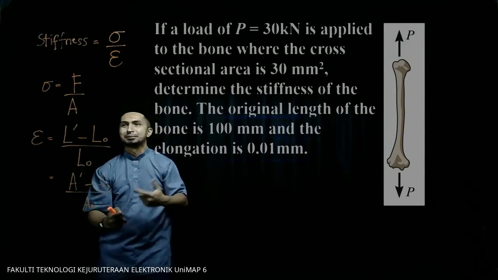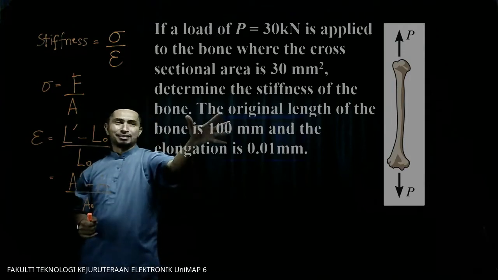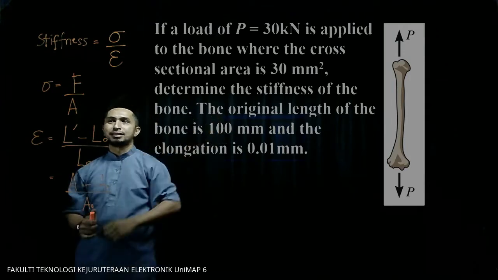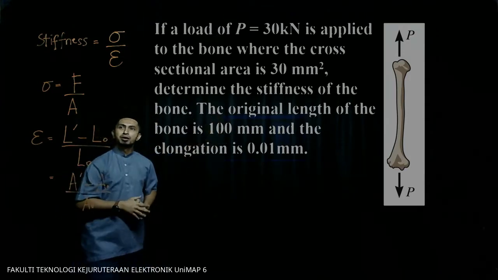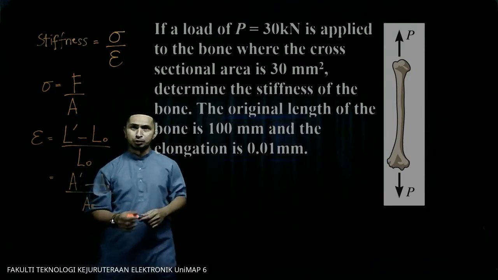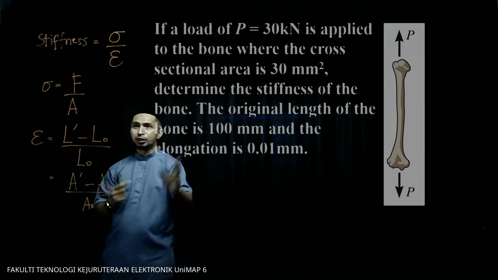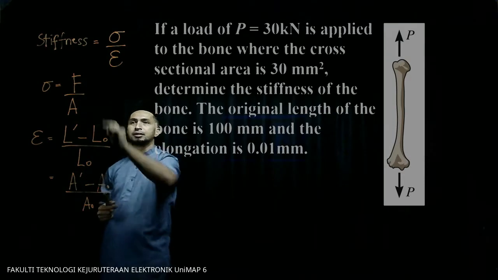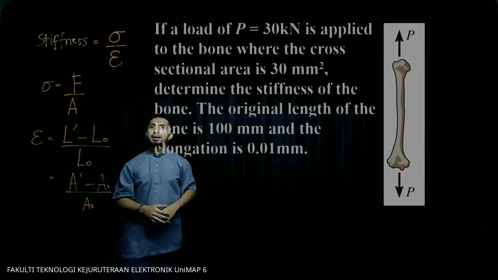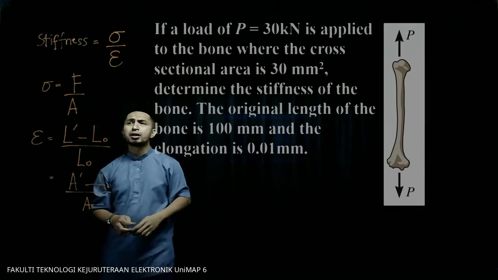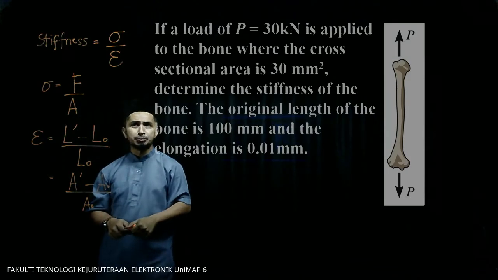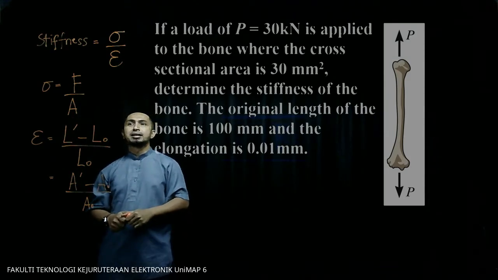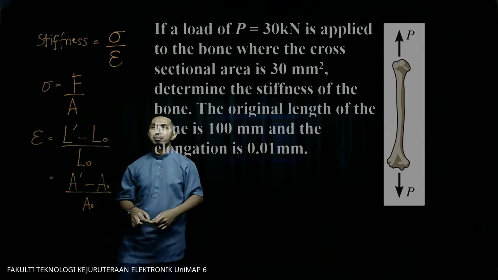So, you know the equation now, how to calculate strain. Can you help me calculate this type of questions? If a load of P equals to 30 kilonewton, we have the load. Load is the force, 30 kilonewton is applied to the bone where the cross-sectional area is 30 millimeter square. Determine the stiffness of the bone.